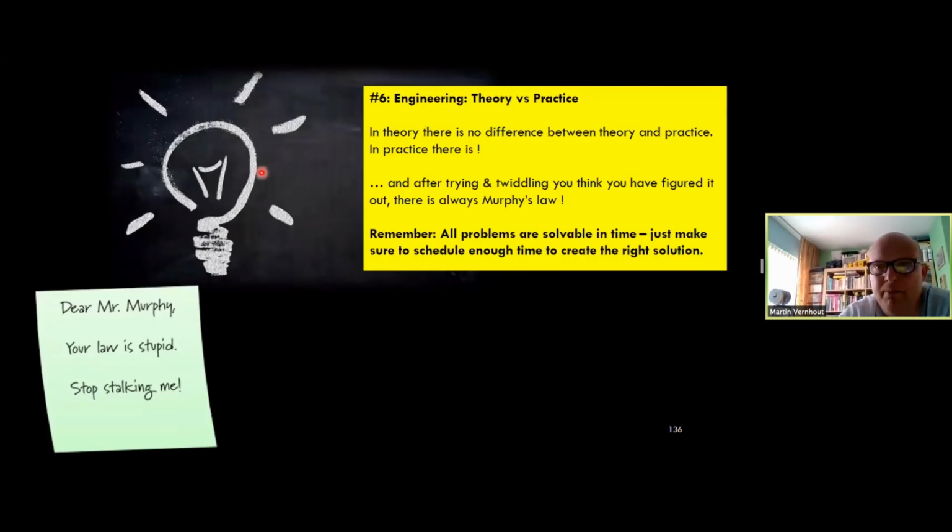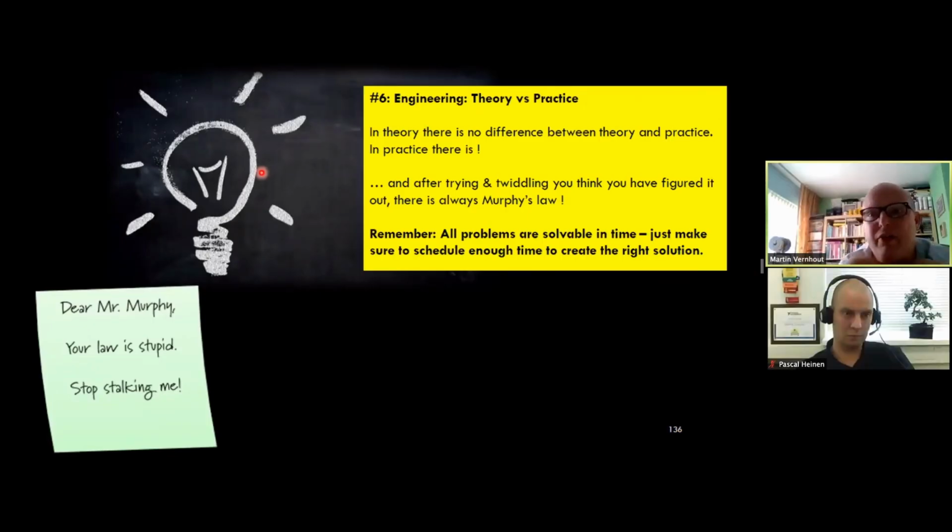Engineering. Last tip, theory versus practice. In theory, there is no difference between the two of them, but in practice, there is. You will always find that it is slightly different when you operate it, and you might not hit the perfect measurement resolution. You need to try it a little bit, twiddle a little bit, and then there is always Murphy's Law.